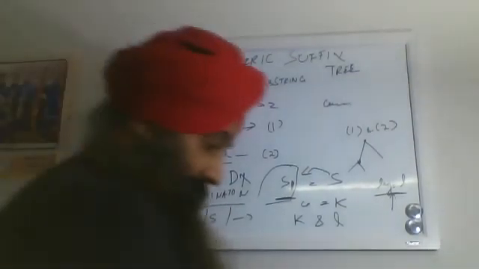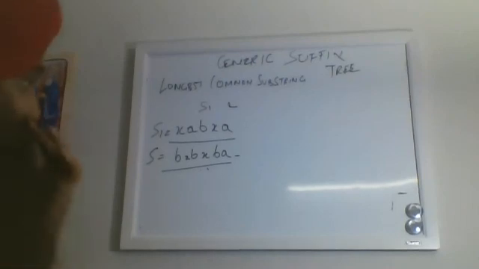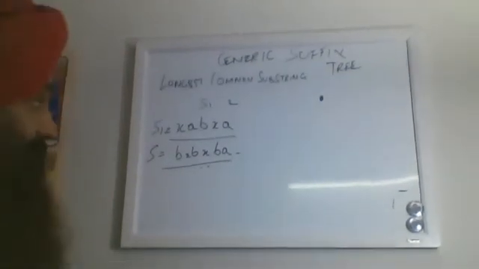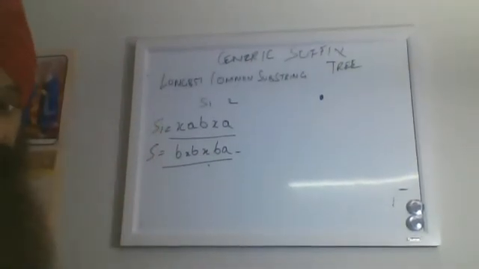I was just going to show you a quick example of creating a generic suffix tree. Begin at root. First thing you do is create the suffix tree for XABXA.